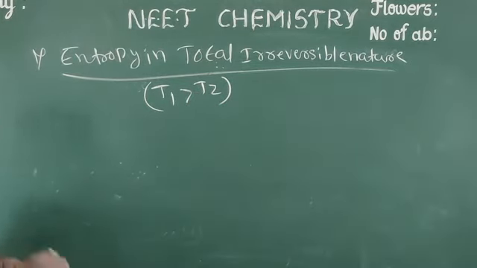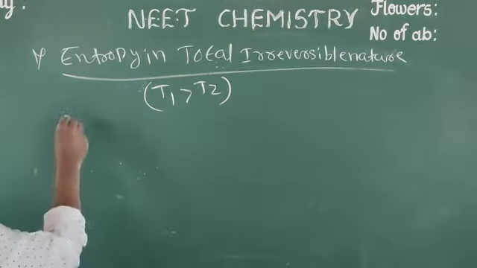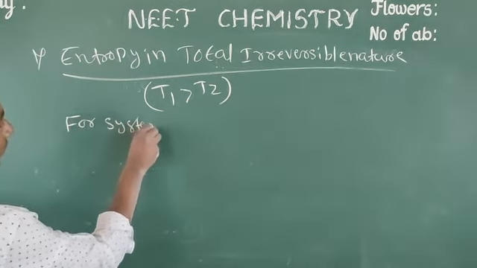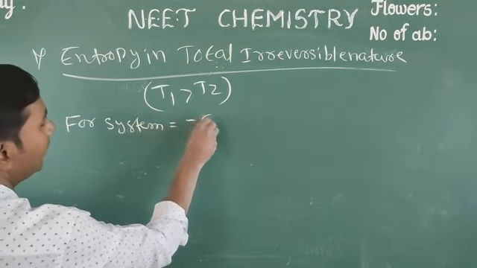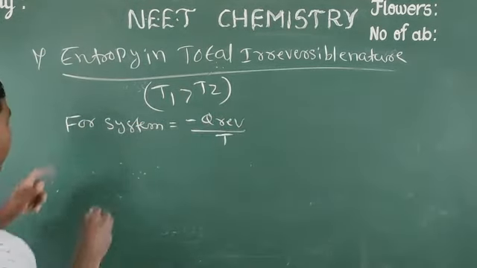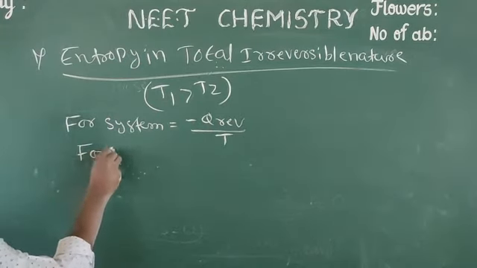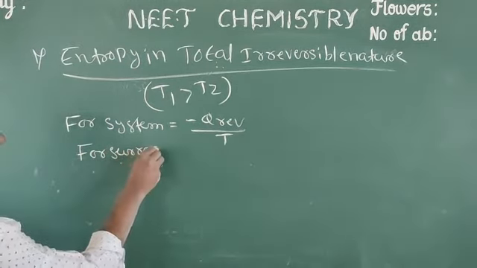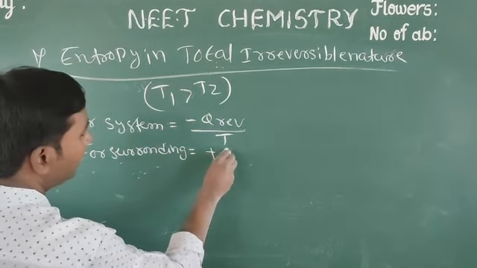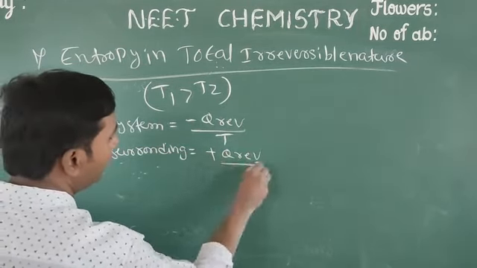Same here, universe equals system plus surrounding. For the system it equals minus Q reversible by T, and for the surrounding, plus Q reversible by T.